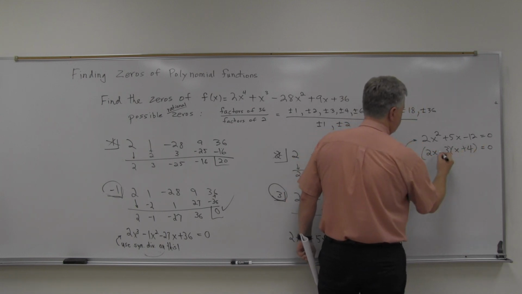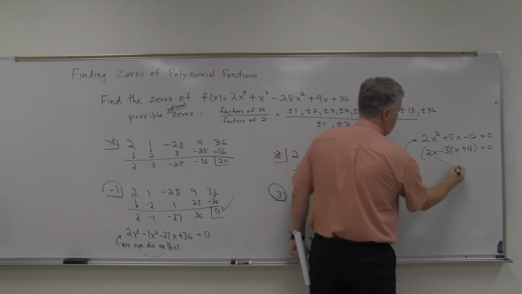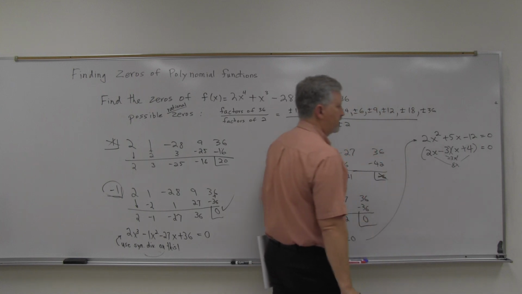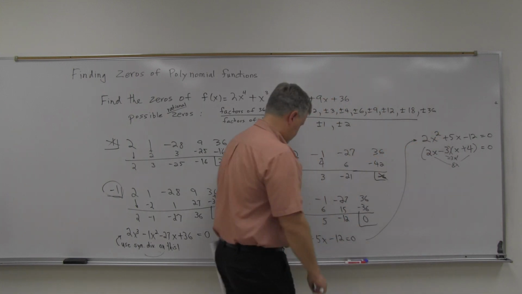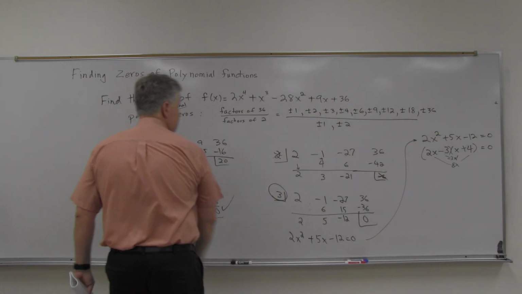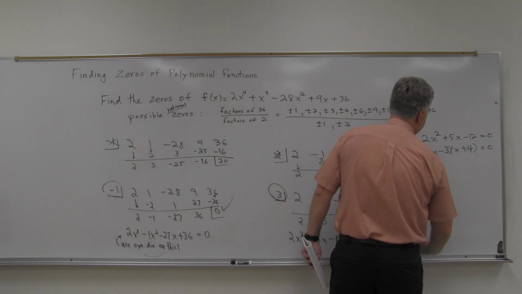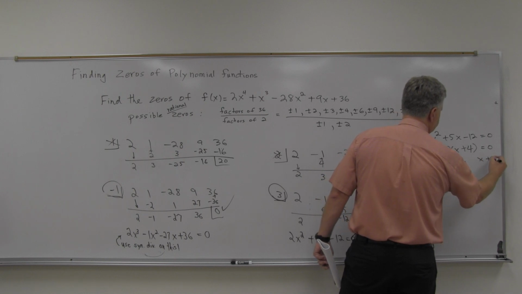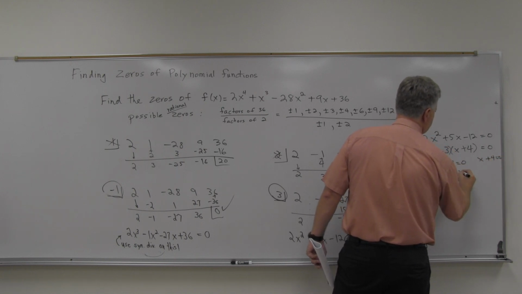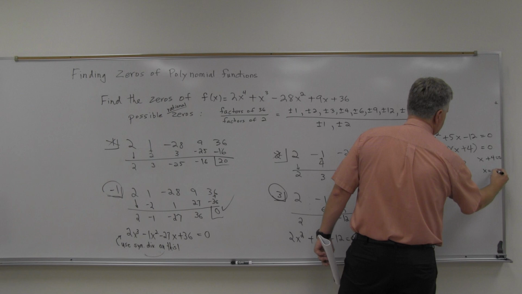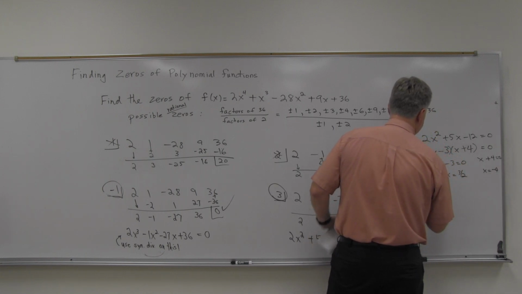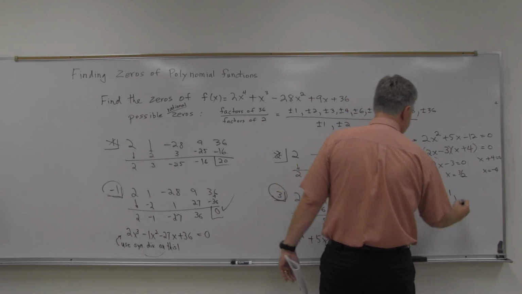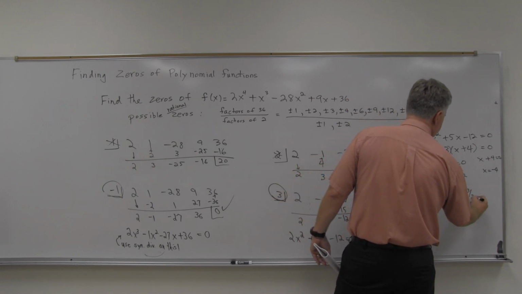Minus 3, plus 4. It's 8x and minus 3x. Yeah, those combine to be 5x. Got it. So we've got 3 halves, -4. So my zeros are, we got -1 and +3, 3 halves and -1.